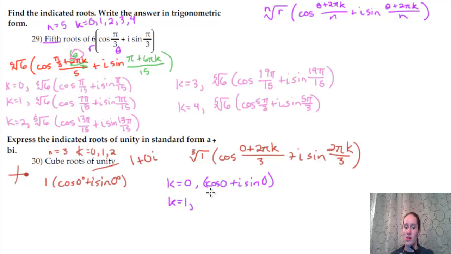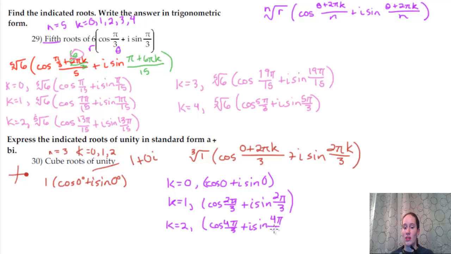K equals 1 will be cosine of 2 pi over 3 plus i sine 2 pi over 3. And k equals 2 is cosine 4 pi over 3 plus i sine 4 pi over 3.